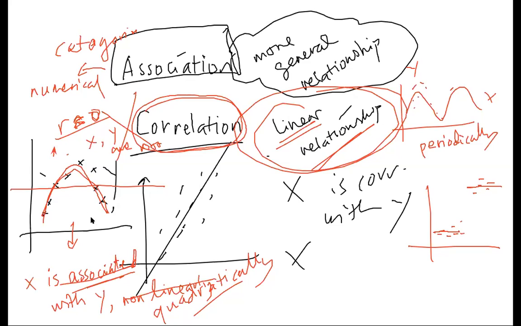There are some people who try to develop a general kind of measure of association. There was a paper, maybe close to 10 years ago. This is actually a problem that has been around for a long time, okay?